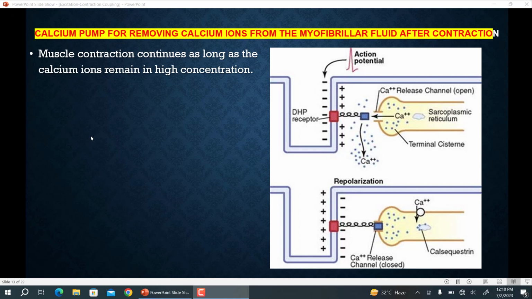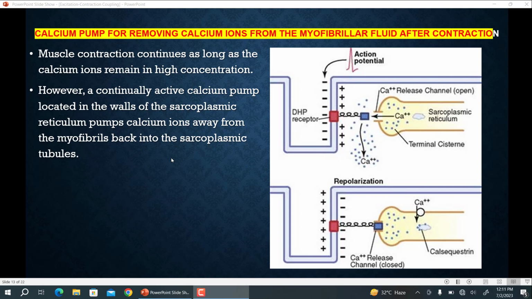Calcium pump for removing calcium ion from the myofibrillar fluid after contraction. When contraction is over, the calcium is removed from the myofibril. Muscle contraction continues as long as the calcium ion remains in high concentration. When calcium is available for actin and myosin in high concentration, the muscle remains in the contracted position.